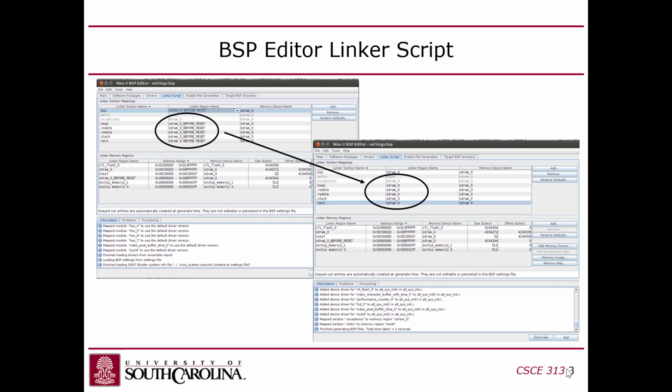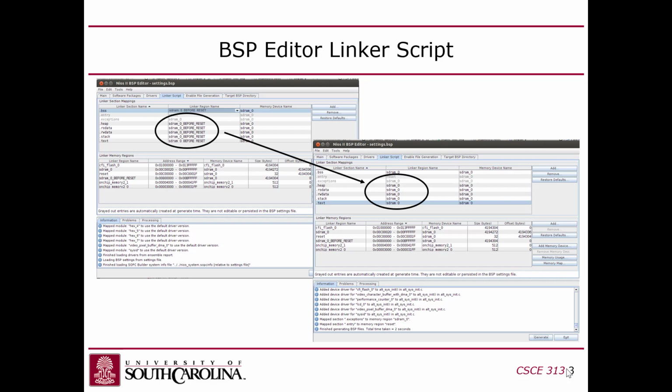Every time you create a new BSP, which you usually do when you add a new CPU, go into your linker settings and just check that. If you see something in there that says before reset, just change it so it's in the regular SDRAM 0 section, memory region. You guys with me? Just to give you an idea, your sections are at the top pane.